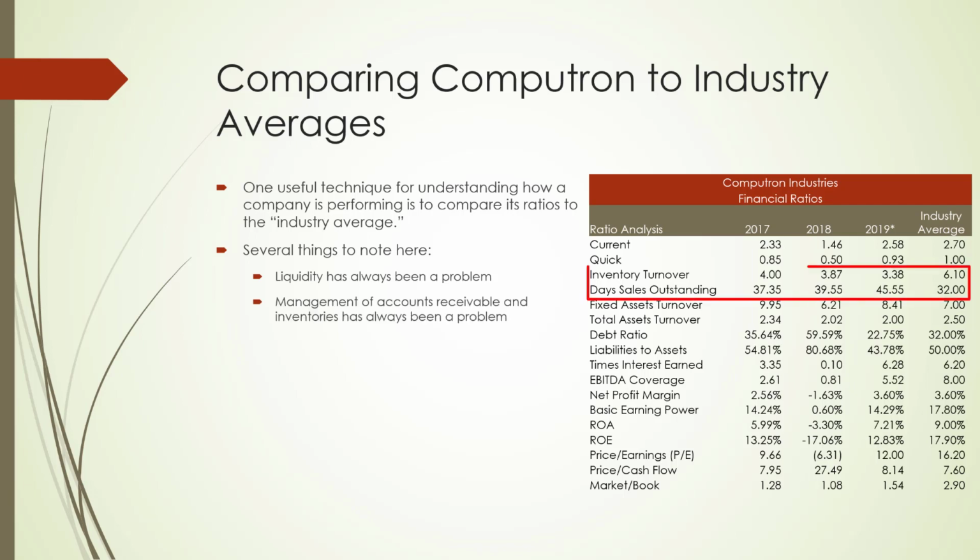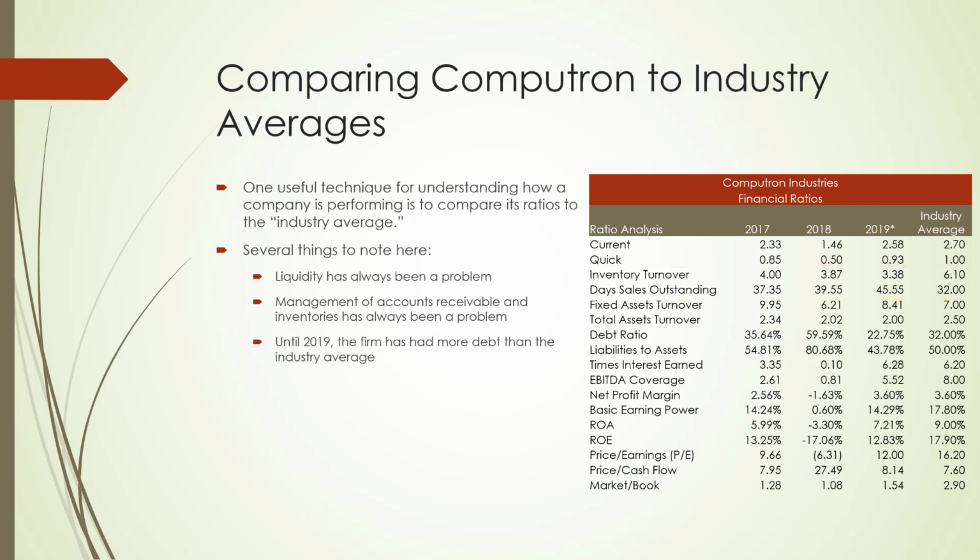Secondly, managing accounts receivable and inventories has always been a problem. You see that the inventory turnover ratio is far less and getting worse compared to the industry average. Days sales outstanding, which looks at accounts receivable, is always higher than the industry average. So that tells us it's taking considerably longer for Computron to collect on its sales than the average firm in the industry.